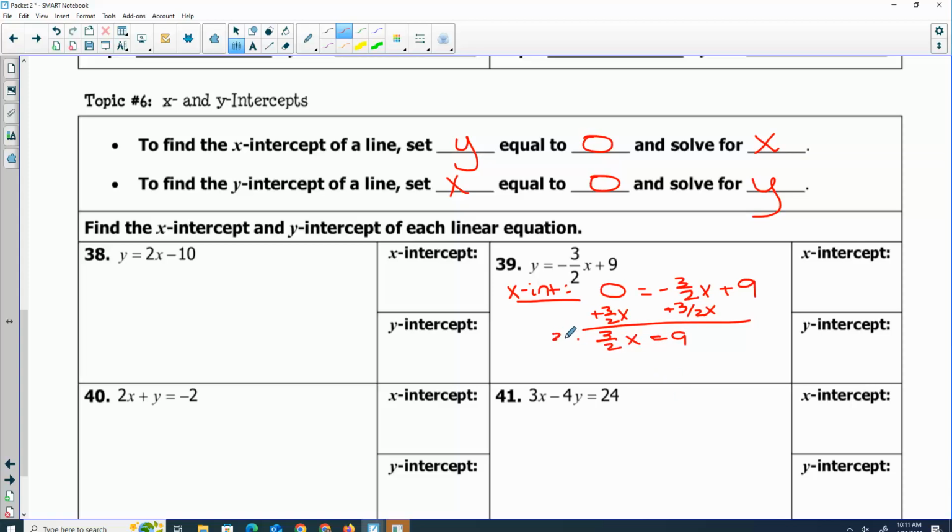Either divide by 3/2 or multiply by the reciprocal 2/3. And you get your x to be 6. And you can get it that way. If you graphed it on Desmos, it also gives it to you very easily. So let's look at that so we make sure everyone understands.